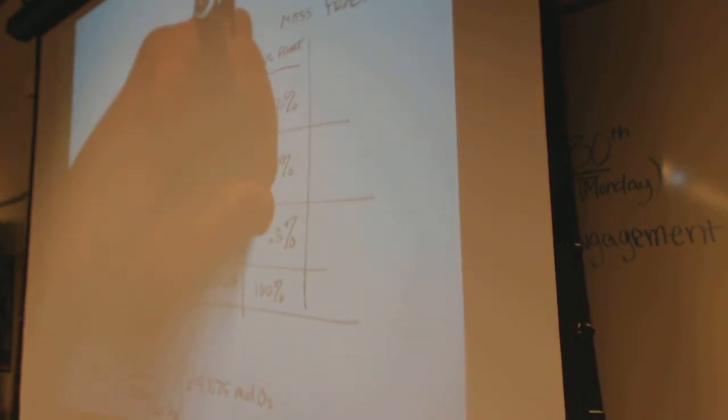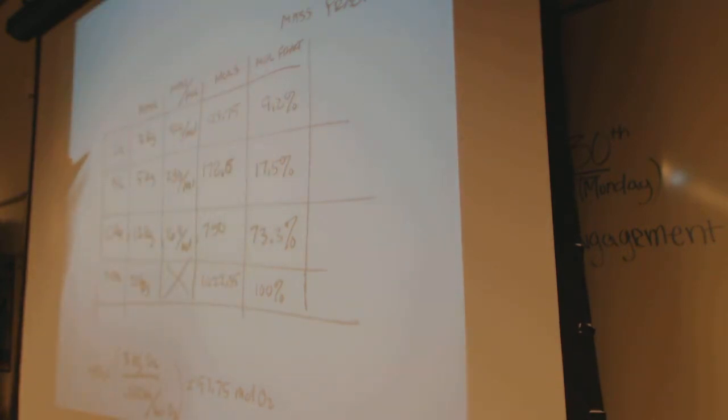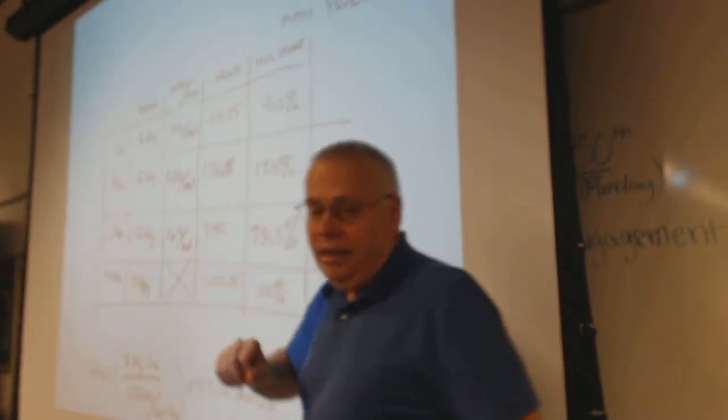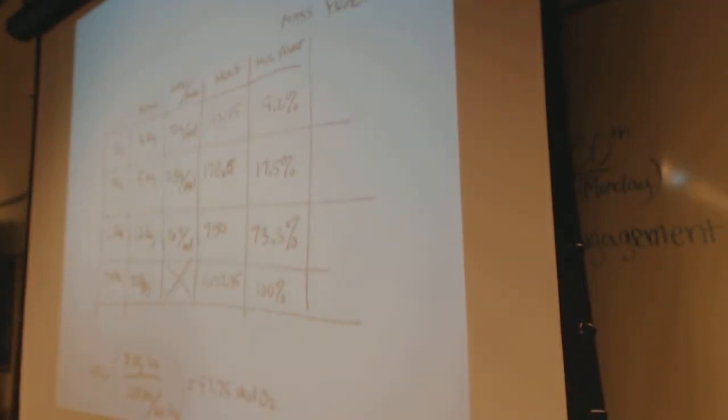Yeah, 73.5. I did a lot of rounding. I'm going to call it 73.3 because it's going to add up to 100. It's going to have to. That's the mole fraction. The mass fraction, I can do that one in my head approximately.